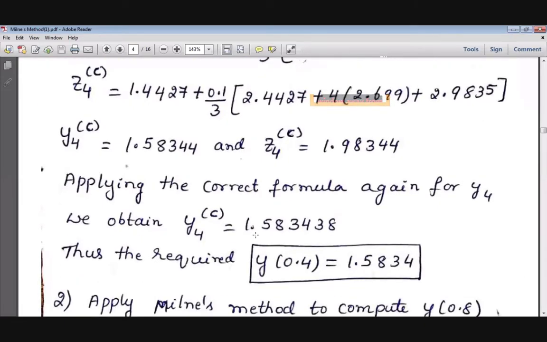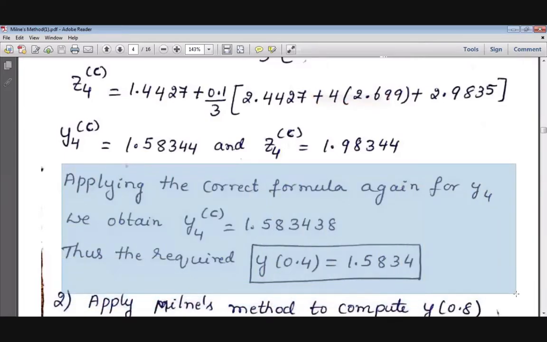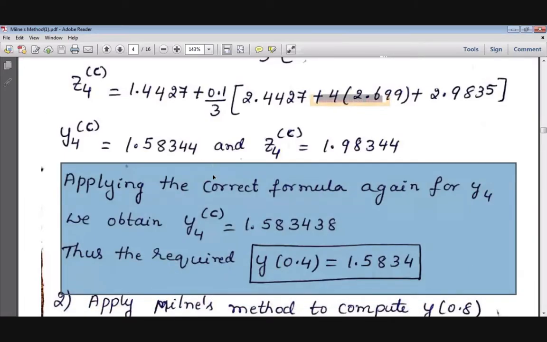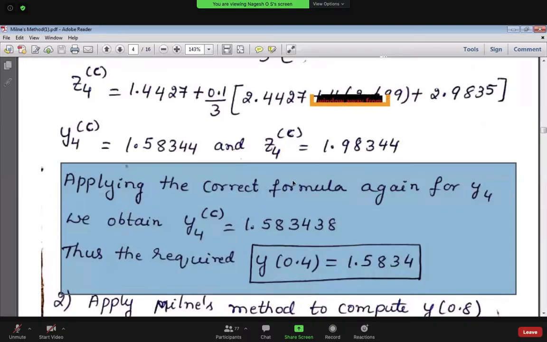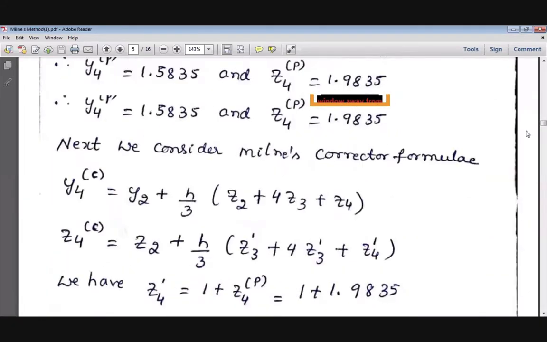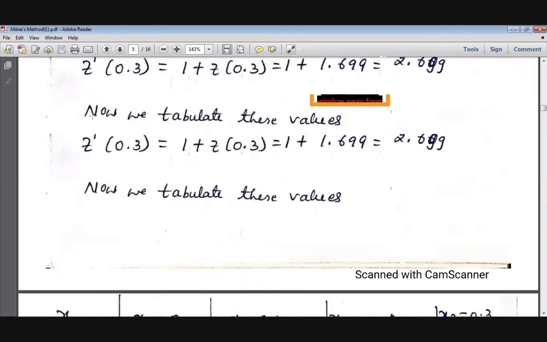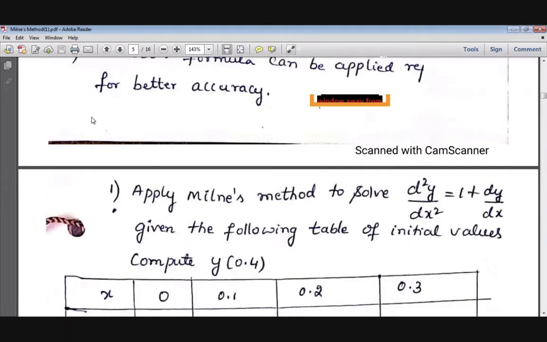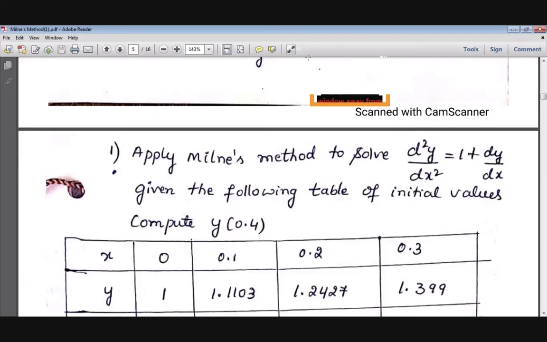Any doubt in this? Applying this again, as it is a lengthy problem, I don't think they will ask to apply the corrector formula twice. Once again, if you have any doubts, you can ask.